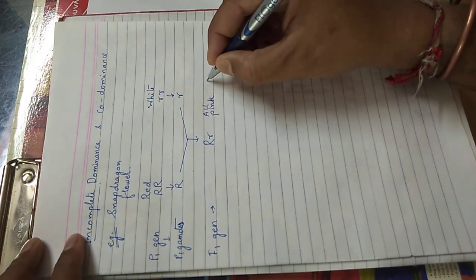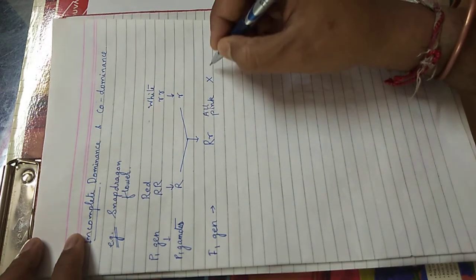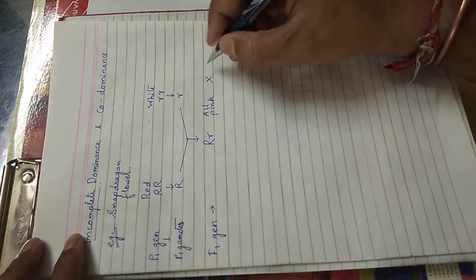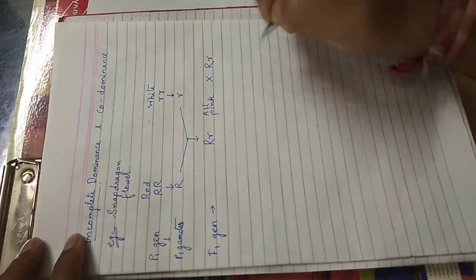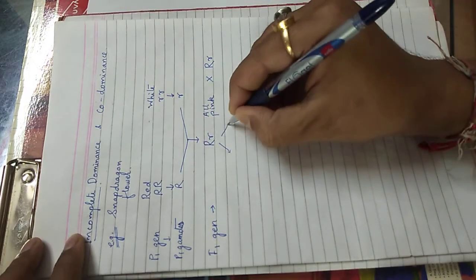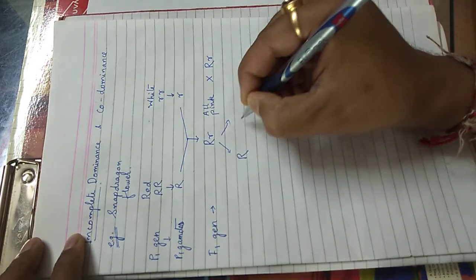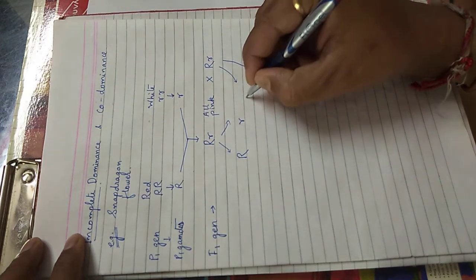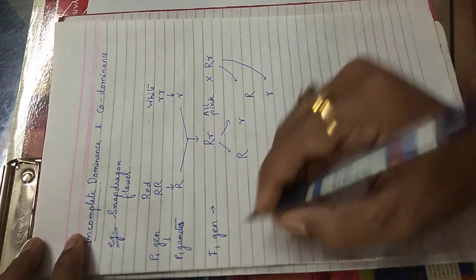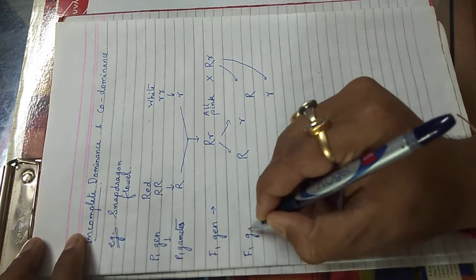Now if we do selfing, as discussed in my earlier video, it is crossing with another plant of the same generation. From here two gametes will be formed, two factors capital R and small r. From here also two factors will be formed, capital R and small r. So these are the F1 gametes.